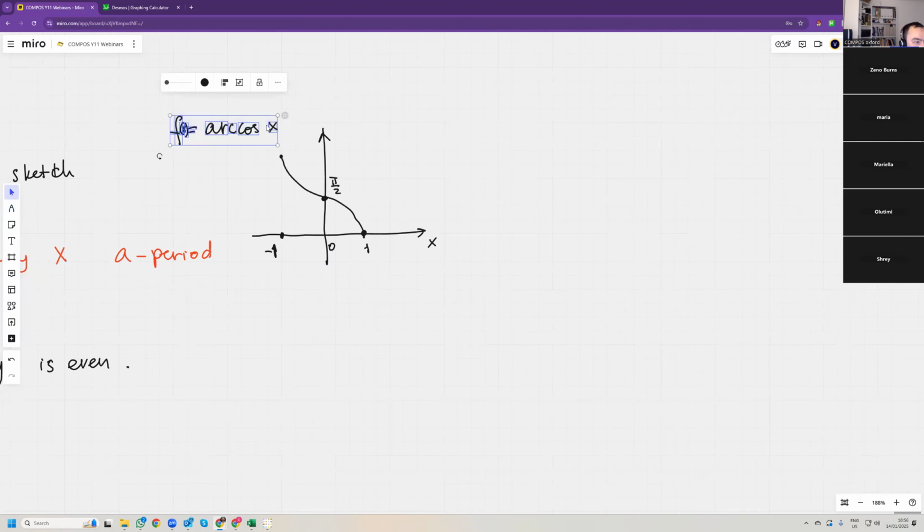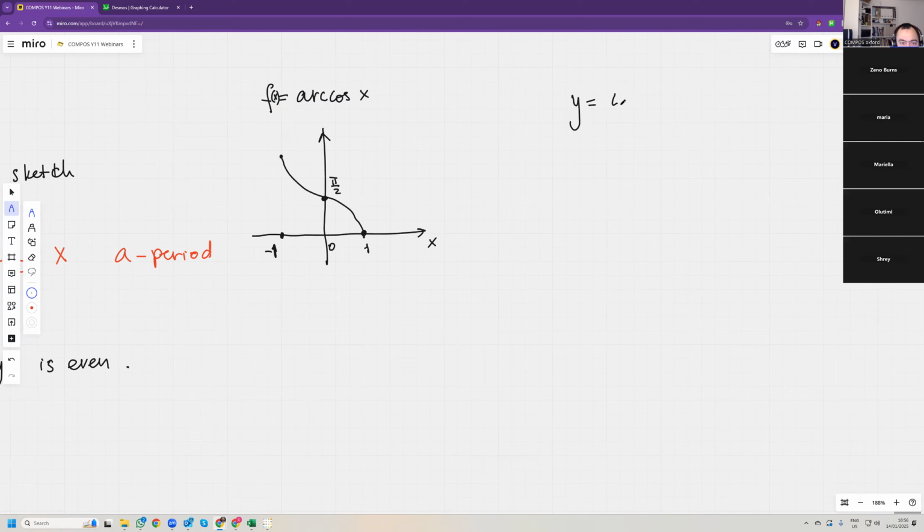Now, f of x equals cos x. Cos x looks like this.